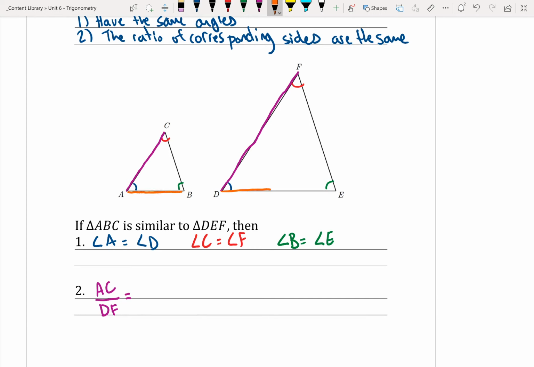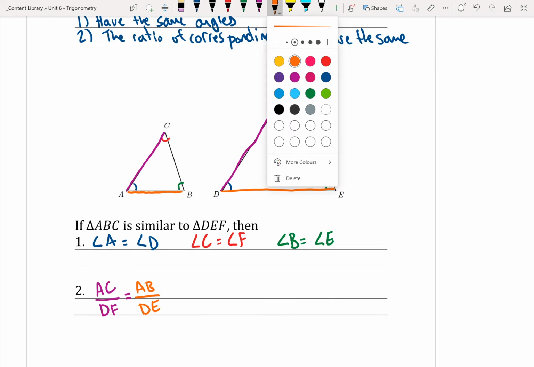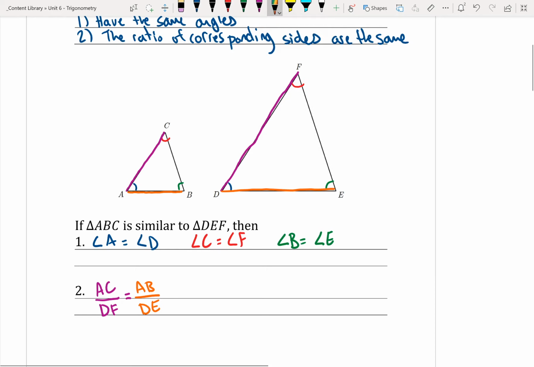So if I divide the other two sides, AB divided by DE, because those are the same sides in terms of the triangle, and let's grab another color here, we'll go rainbow, and I look at these two sides, again, they're the similar side, so I have CB divided by FE should equal the same thing.